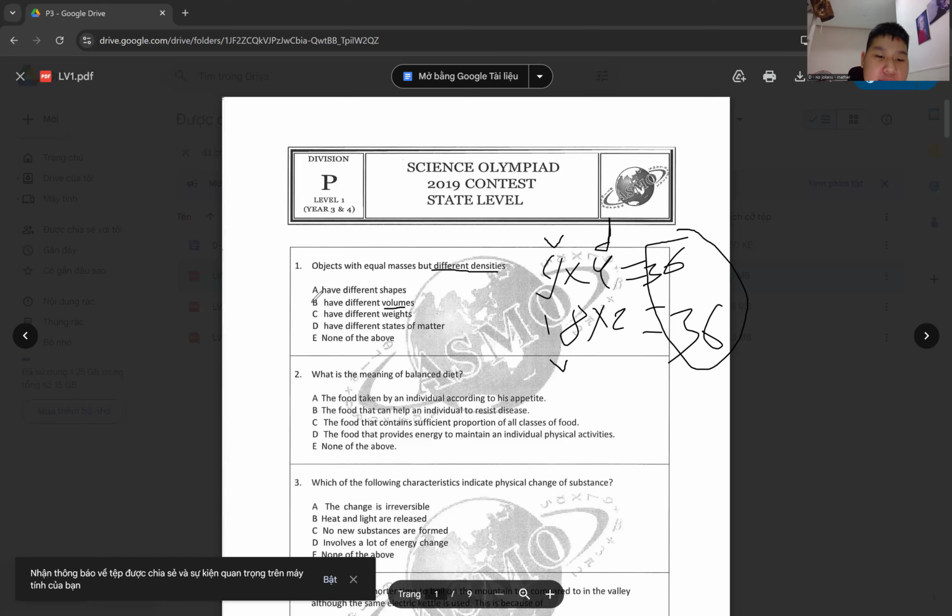So therefore, even if it is a very small change in density, every single object that has the same mass yet different density will always have a different volume, even if it's by a little bit. Remember that.